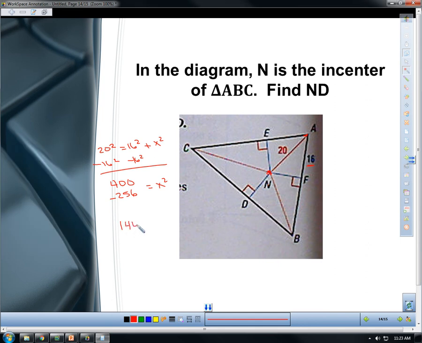So 144 equals x squared. Well, I just need x. I don't need x squared. So I take the square root of both sides. 12 equals x. So I know that NF is 12, and using my knowledge of incenters, I know it's got to be equidistant from all of the sides, so ND would also have to be 12.